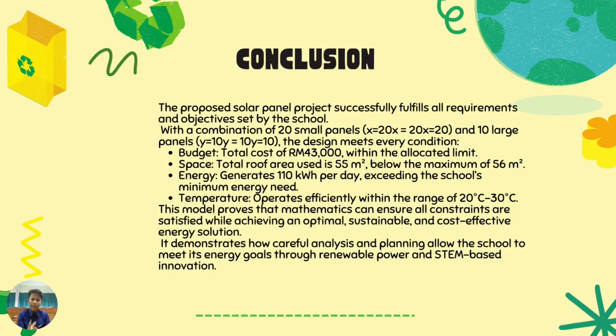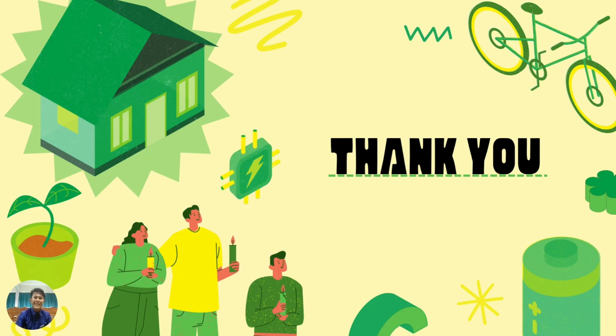This model proves that mathematics can ensure all constraints are satisfied while achieving an optimal, sustainable and cost-effective energy solution. It demonstrates how careful analysis and planning allow the school to meet its energy goals through renewable power and STEM-based innovation.